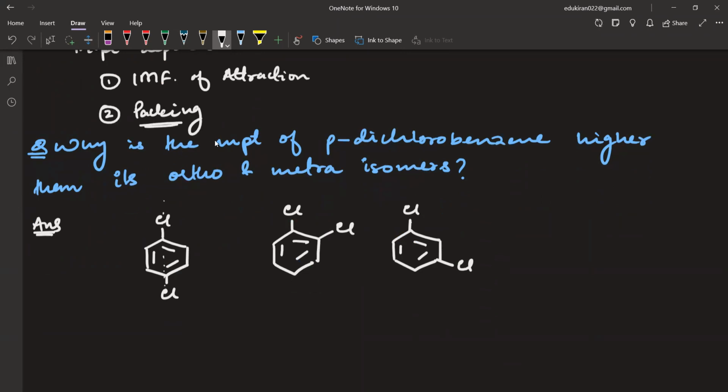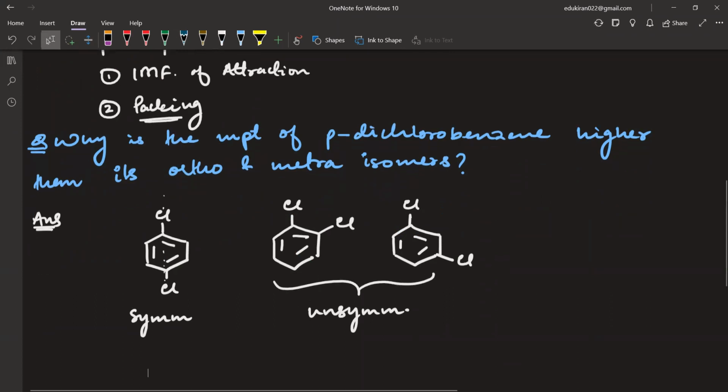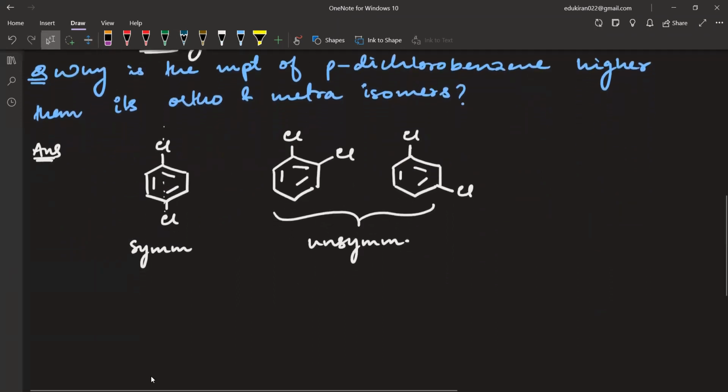So packing of things which are completely symmetrical is going to be easy. So this is symmetrical, and both of these are unsymmetrical. Both of these are unsymmetrical, and that is why the melting point of p-dichlorobenzene is higher than its ortho and meta isomer, because p-dichlorobenzene is symmetrical, and due to symmetry, it fits in the packing efficiently. That is why they have higher melting point.